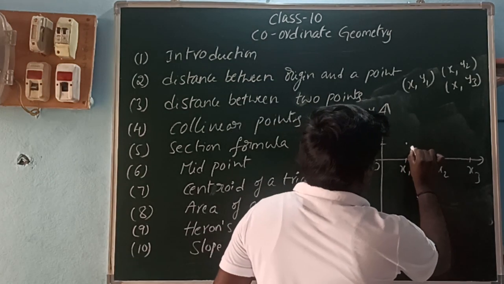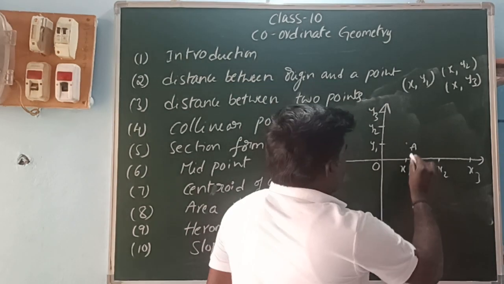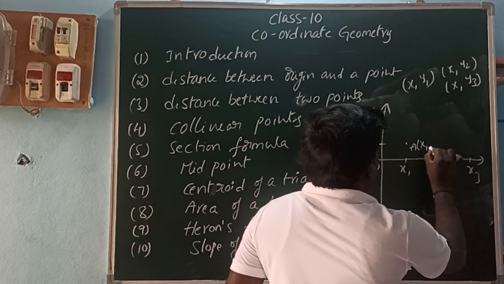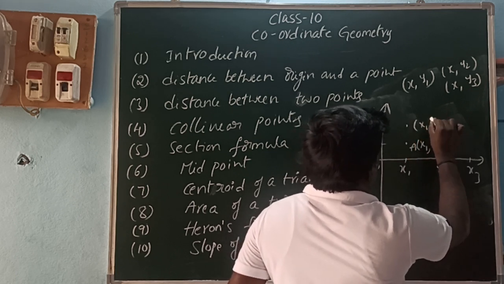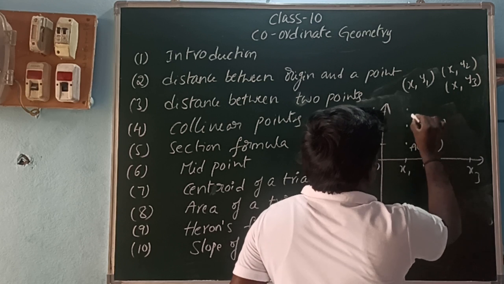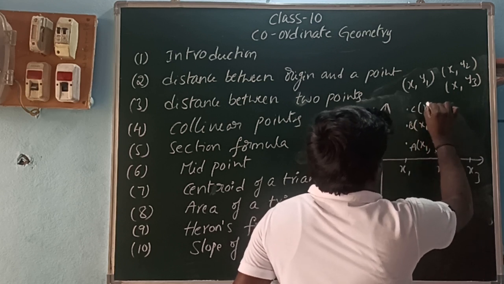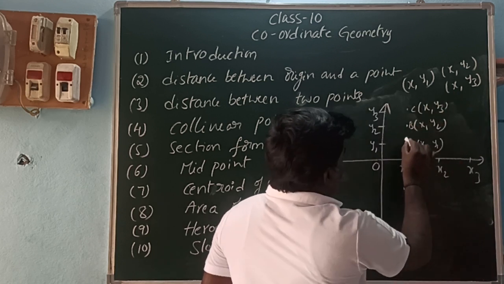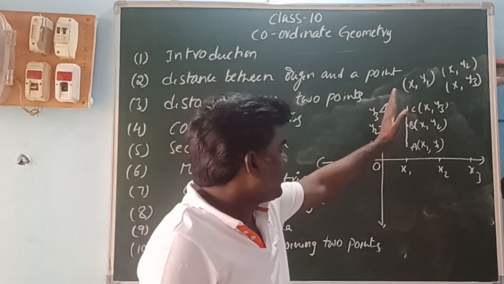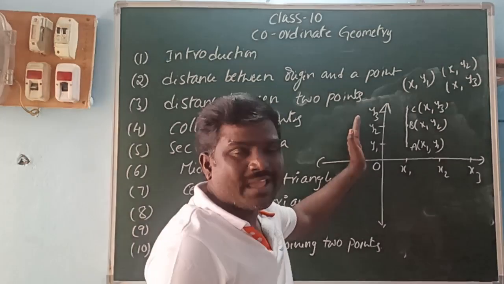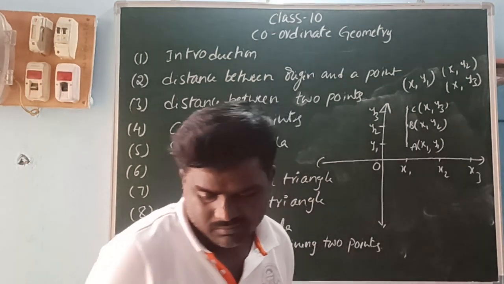So you can denote by capital A. This is the point represented as x1, y1. Next, this is the point x1, y2. This is the point x1, y3. Now the 3 points are joined, so the formed line is parallel to y axis.